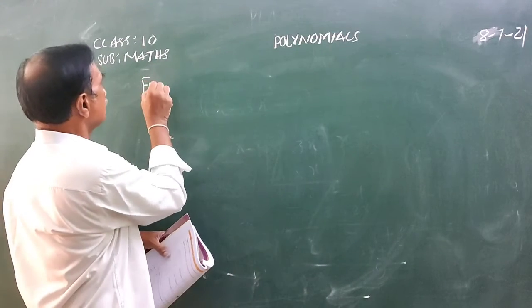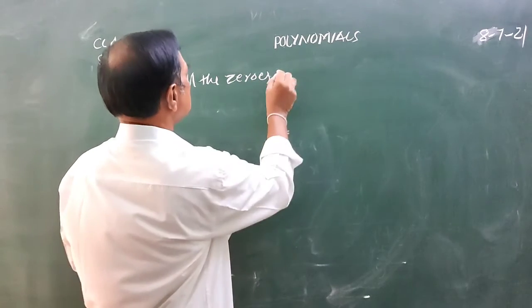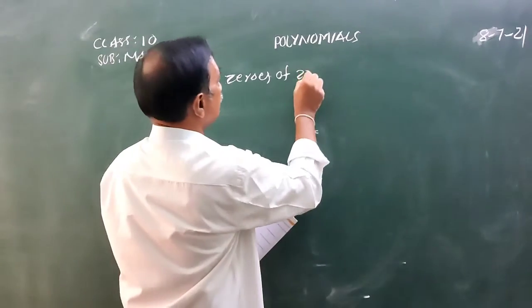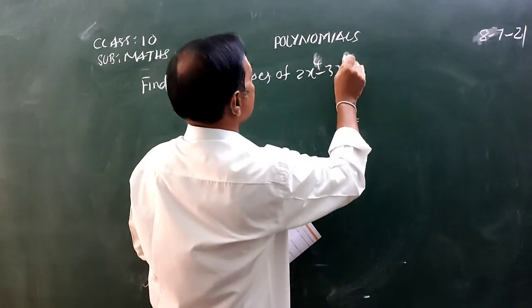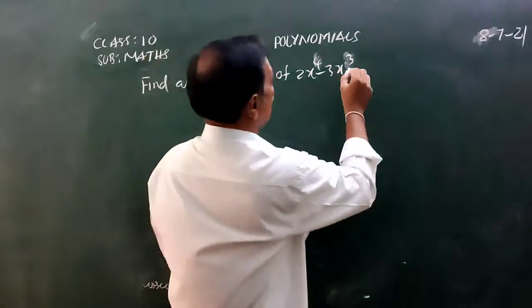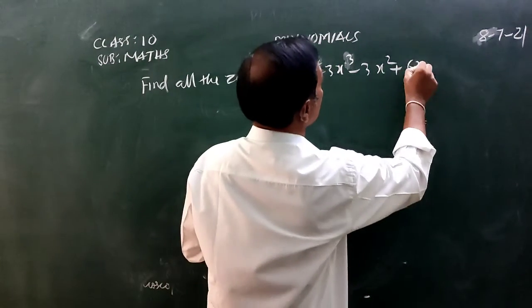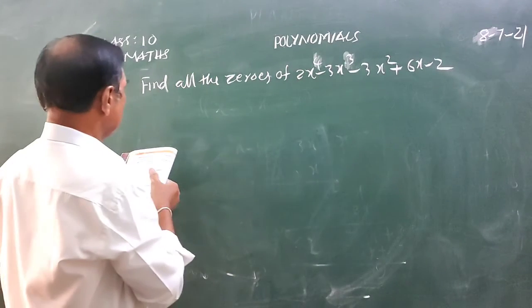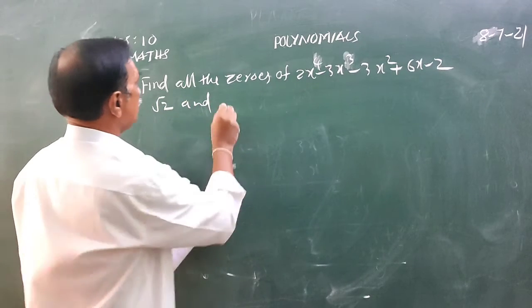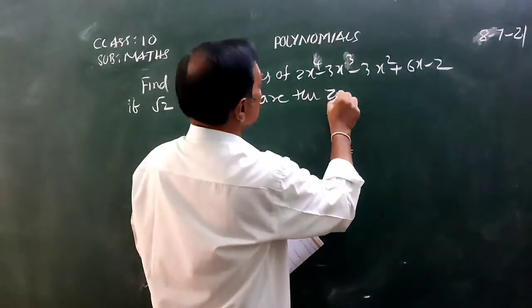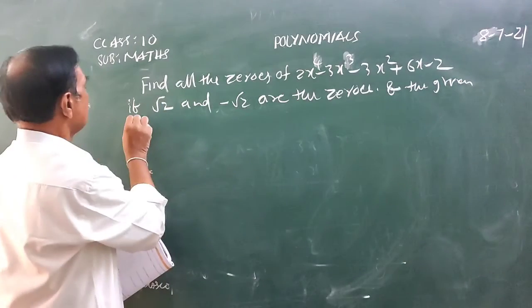Find all the zeros of 2x power 4 minus 3x cube minus 3x square plus 6x minus 2, if root 2 and minus root 2 are the zeros of the given polynomial.